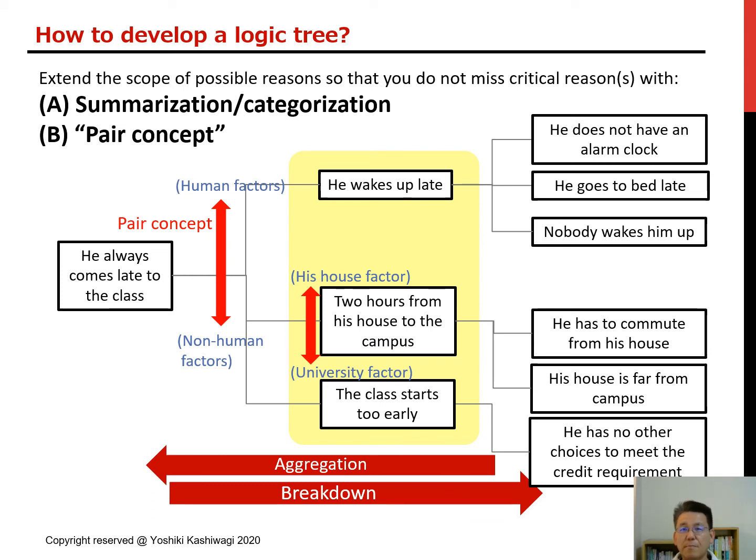Okay, the pair does not necessarily mean the opposite meaning, or sometimes it's a combination. Sometimes it's a very similar category. But try to find the paired concept or paired category.